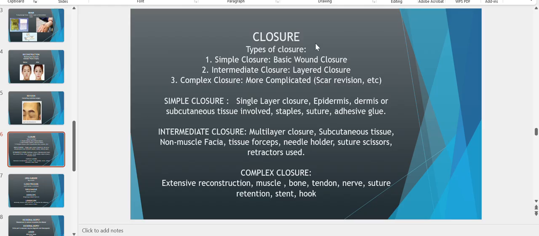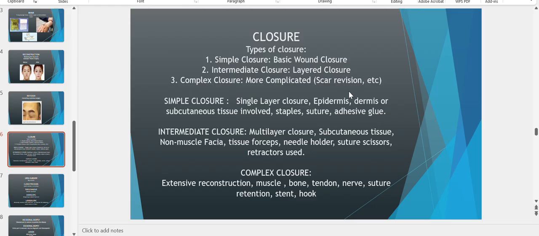In simple closure, the physician does a single layer closure. Single layer closure involves the skin level, that is the epidermis, dermis or subcutaneous tissue. The physician uses adhesive glue, sutures or staples.